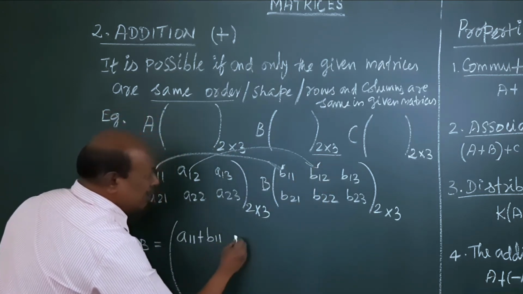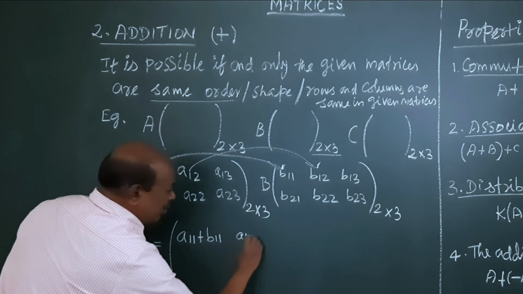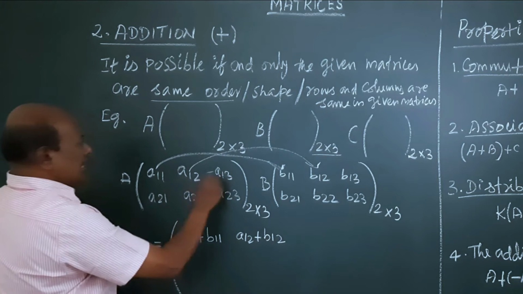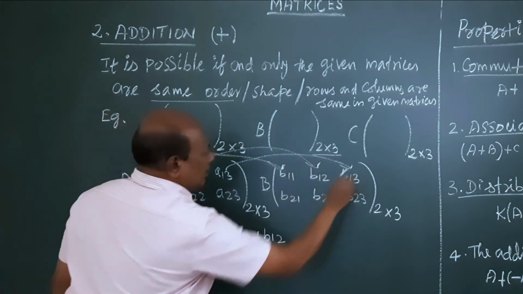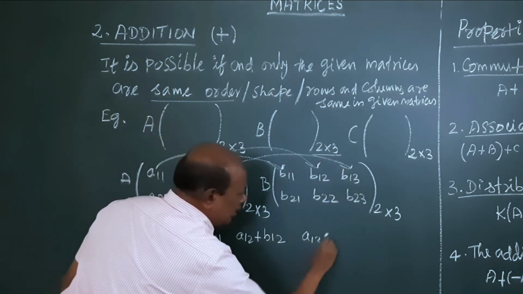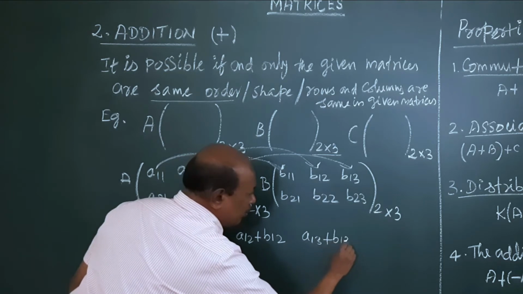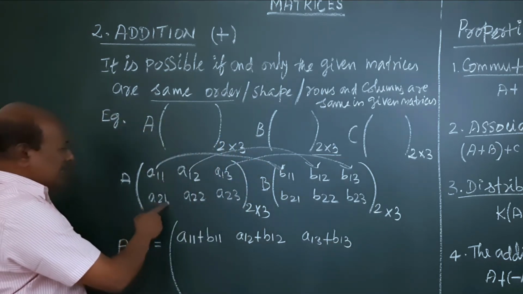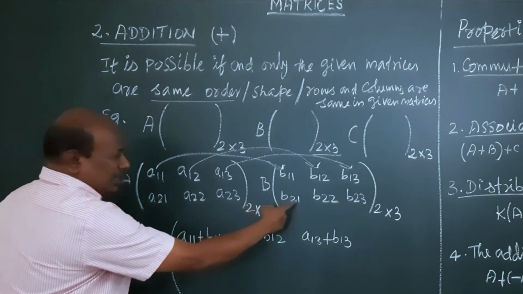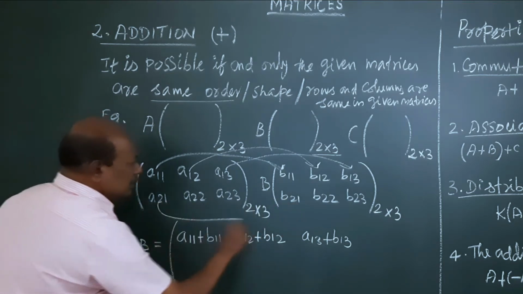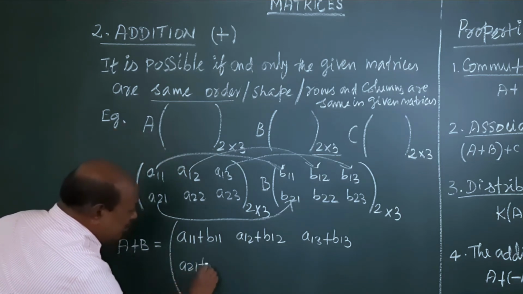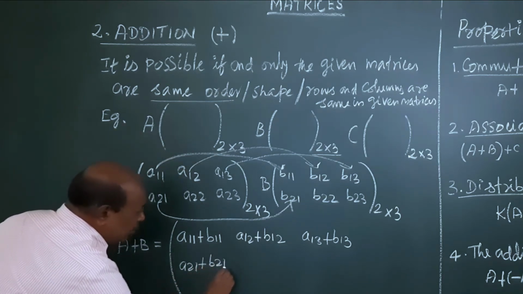Here just put a cap. A12 plus B12. Like that, A13 plus B13. Then come to the second row, first column, added with the second row, first column. That is A21 plus B21.